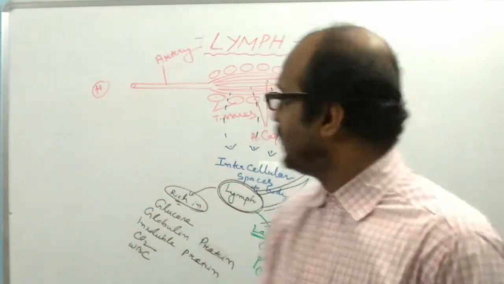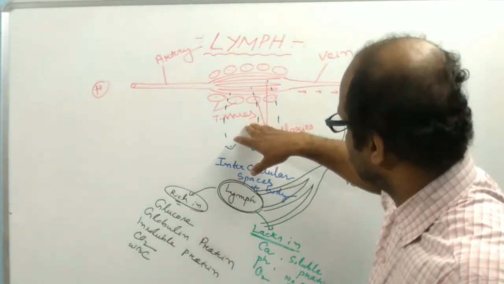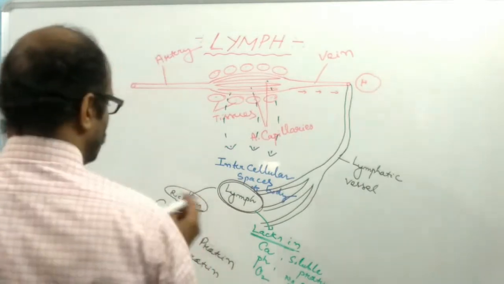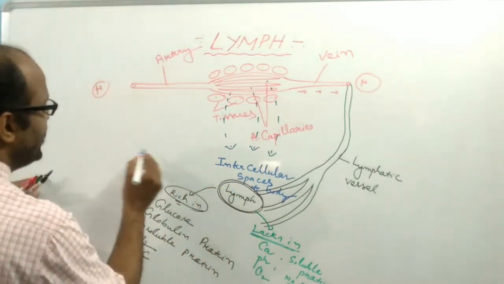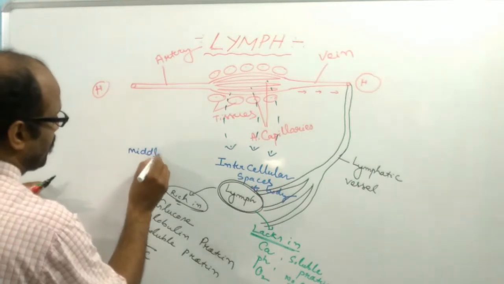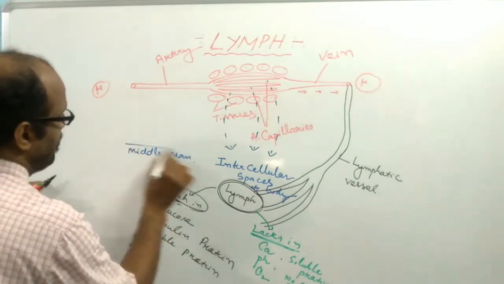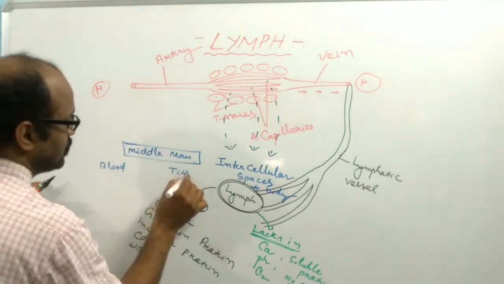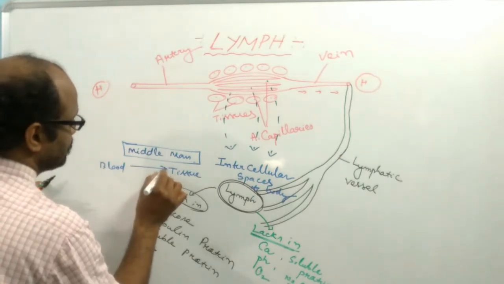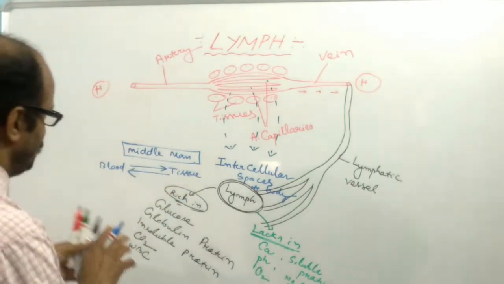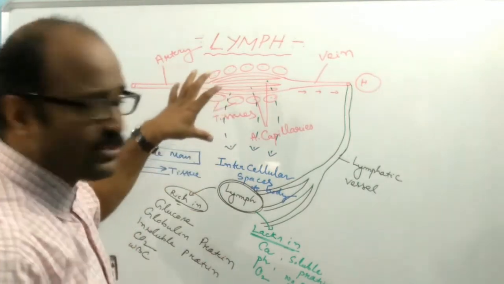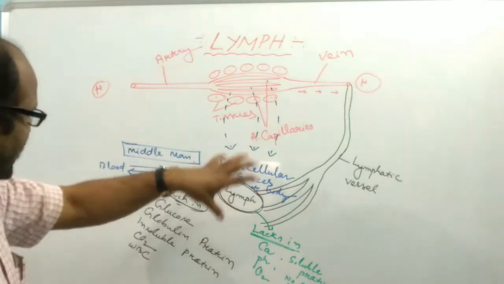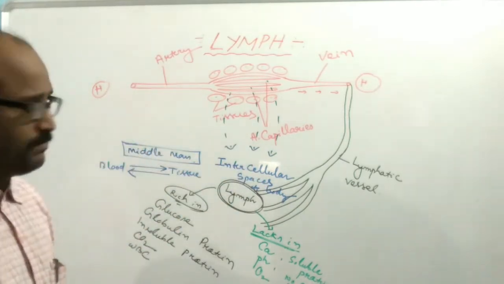And such fluid acts as the middleman between the blood and the tissue or the cell. The exchange of nutrients and gases between the blood and the cells takes place by means of the lymph.